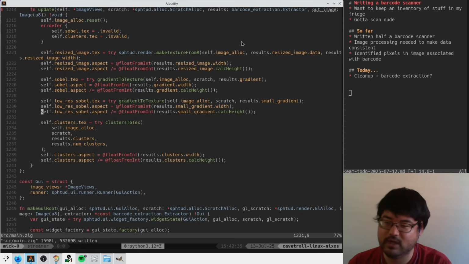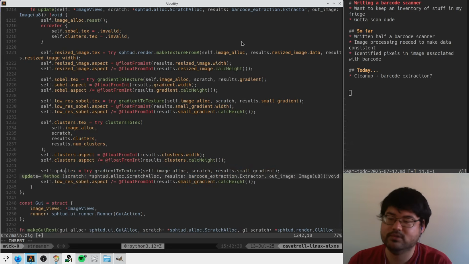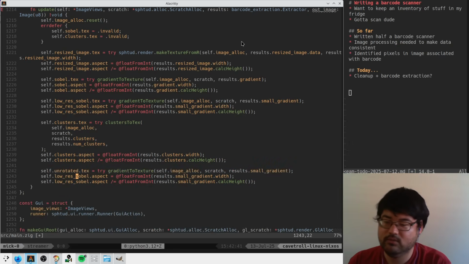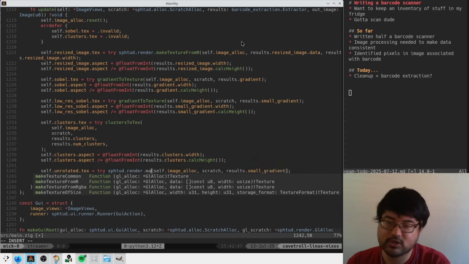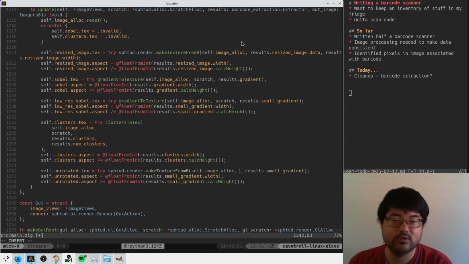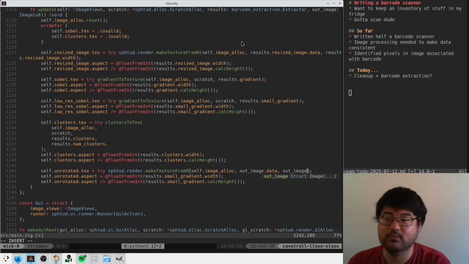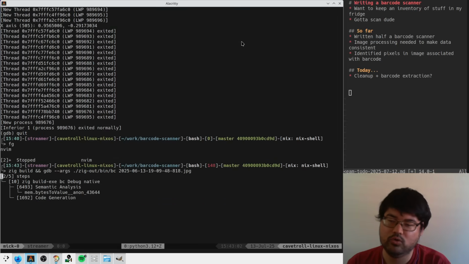And then we have to update the output image. So it's like up unrotated, boom, boom, boom, and the texture is like make a texture, an OpenGL texture from a grayscale thing using the out image data and out image width. All right. Cool.